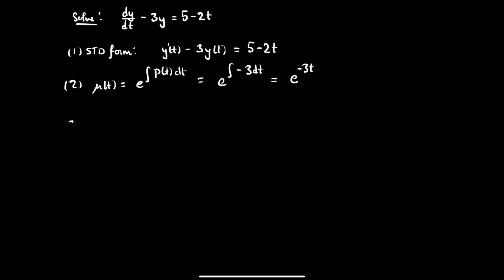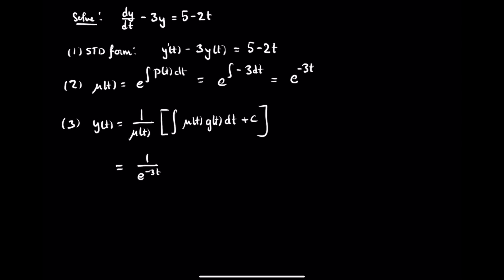And then now we have to plug that whole thing into the solution, 1 over mu(t) times the integral of mu(t) g(t) dt plus c. So we do 1 over e to the minus 3t, times the integral of e to the minus 3t times 5 minus 2t dt, plus c.